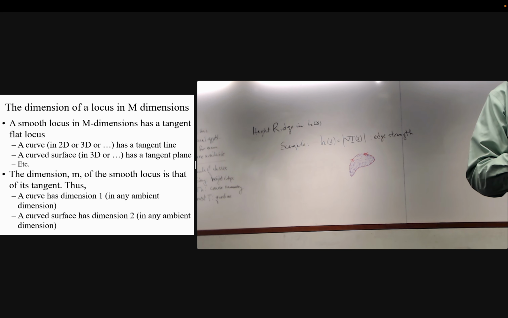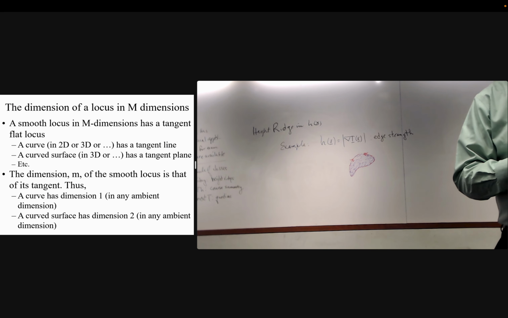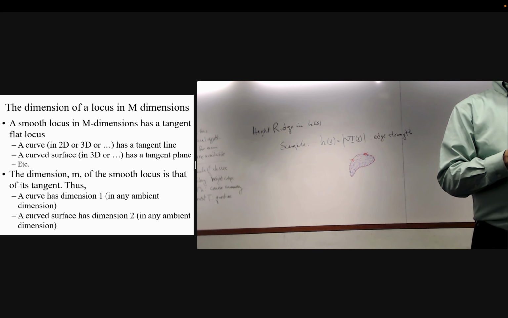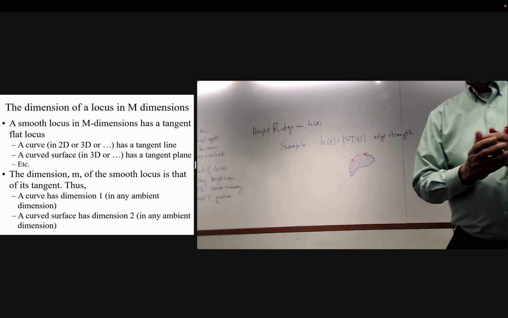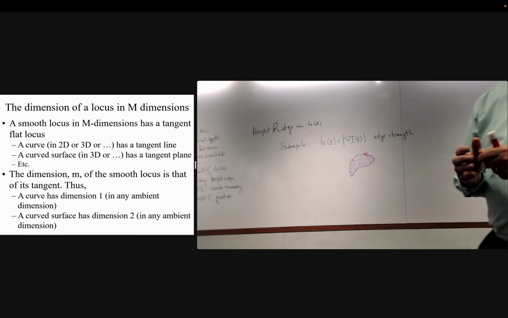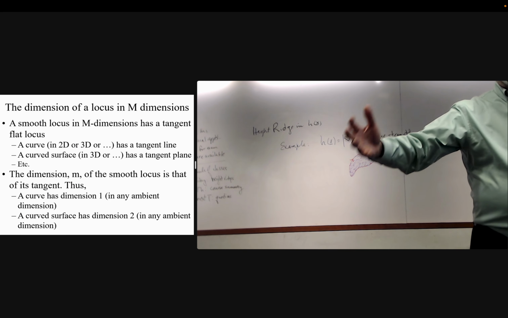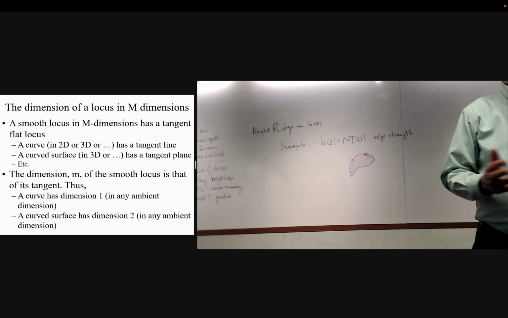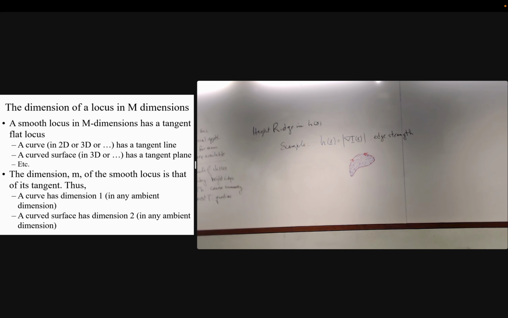So the first thing we have to get into your head is the notion of dimension. It's easily misunderstood. The idea is that any curve or any locus in space has at any given position a tangent plane or a tangent curve, and it has a tangent which is flat.